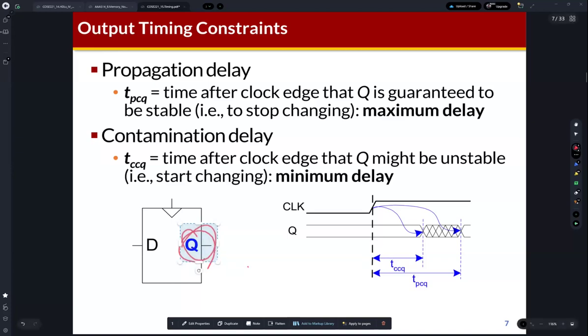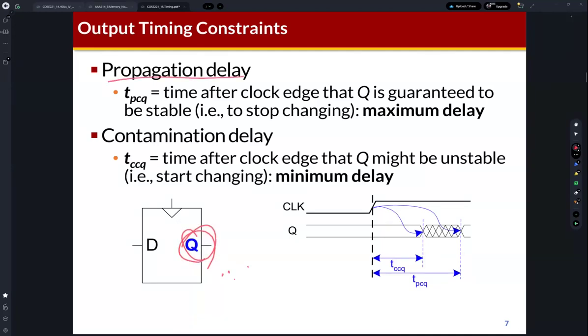So we can also consider the propagation delay and then contamination delay. Like the propagation delay of the combinational logic, the propagation delay of this D flip-flop is the delay of Q from the rising edge of the clock.